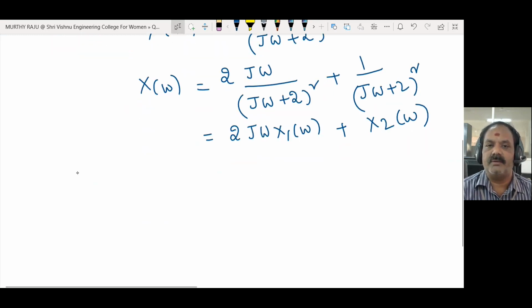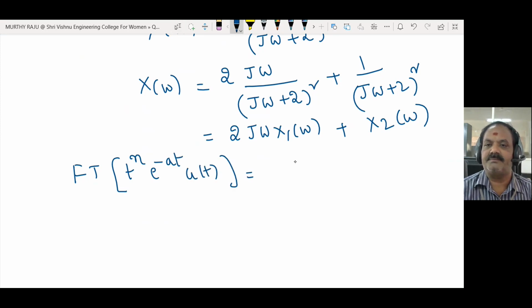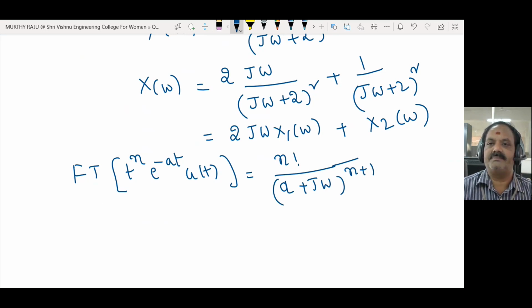We know that the Fourier transform of t power n e power minus at u of t is n factorial by (a plus j omega) whole power n plus 1.